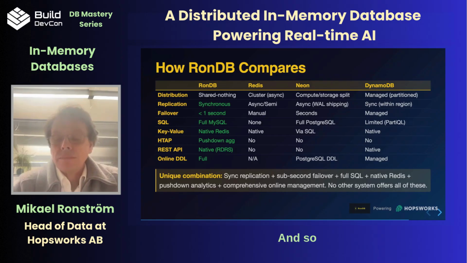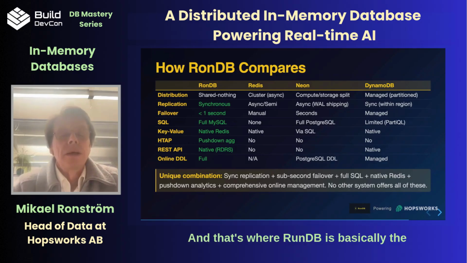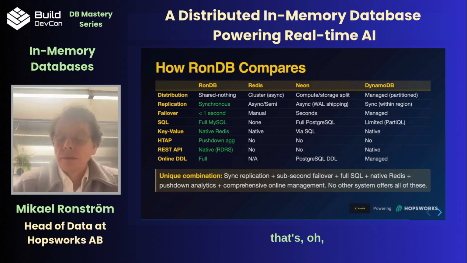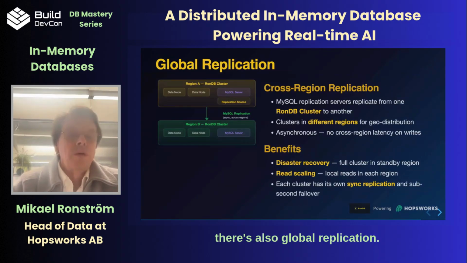And as already seen on the slides, RonDB is powering Hopsworks, which is the company that I work for, and where RonDB is basically the platform for everything. And there is also global replication.